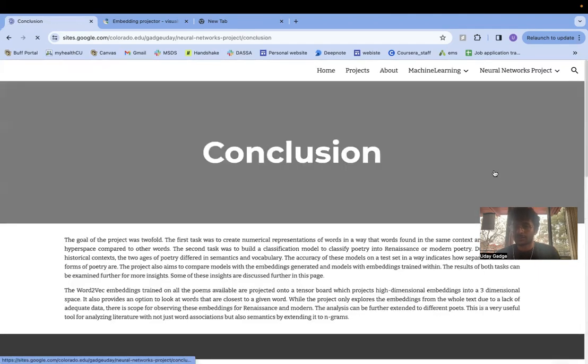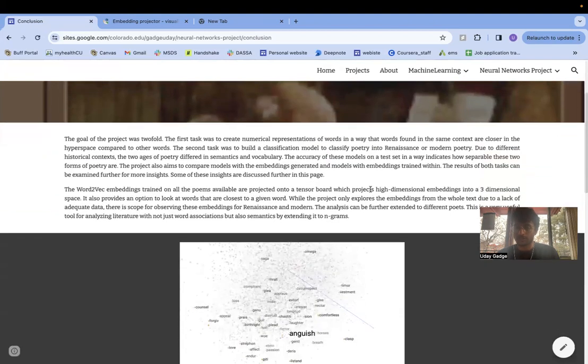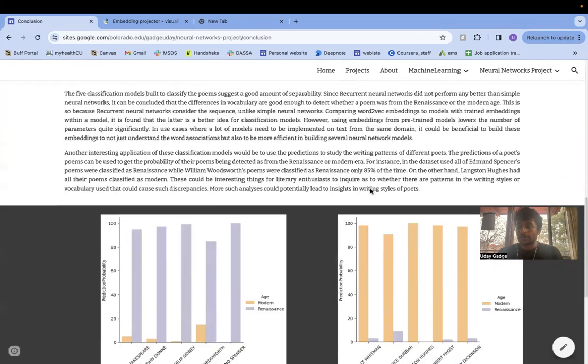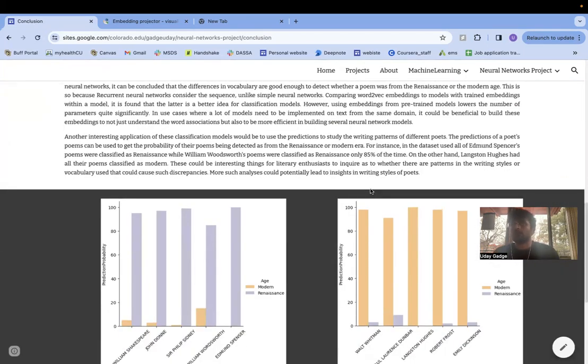Yeah, so those are the results that are obtained from Word2Vec embeddings and classification models. The output of the classification model gives the class which the model is predicting for a poem, and these results can be grouped by and analyzed for different purposes.